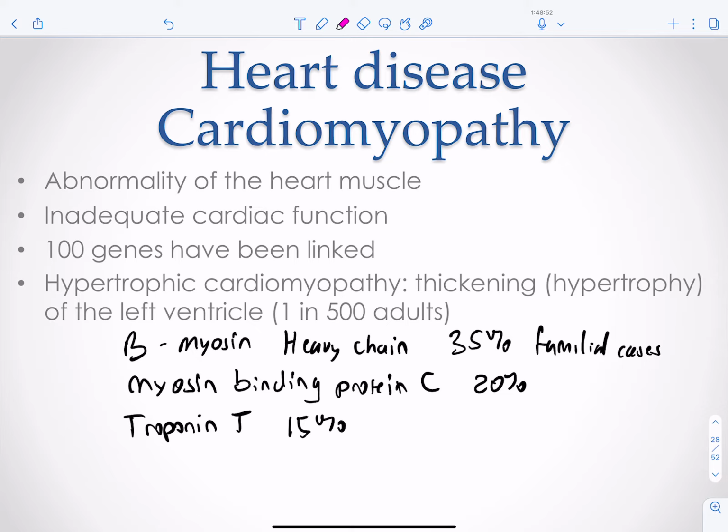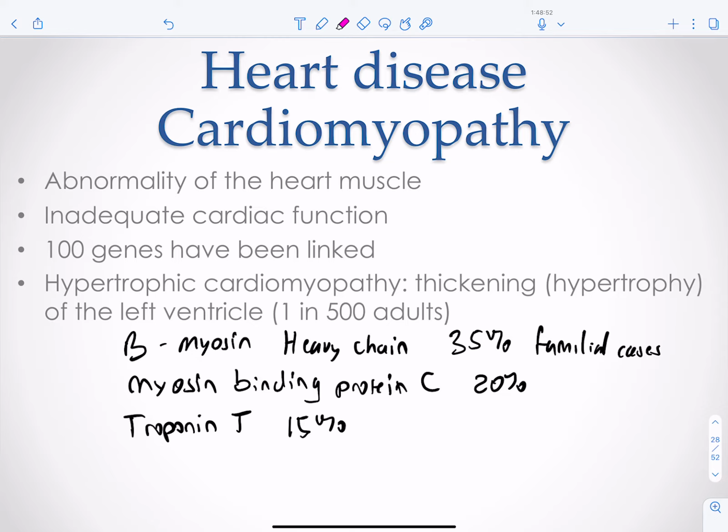Now with cardiomyopathy, this is where you have your heart muscles abnormal. And so over 100 genes have been linked to risk factors for cardiomyopathy. And with hypertrophic cardiomyopathy, you have a thickening of the left ventricle.